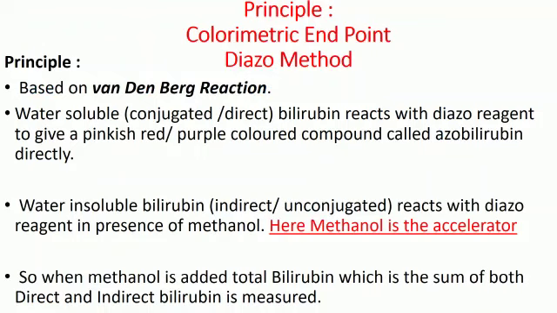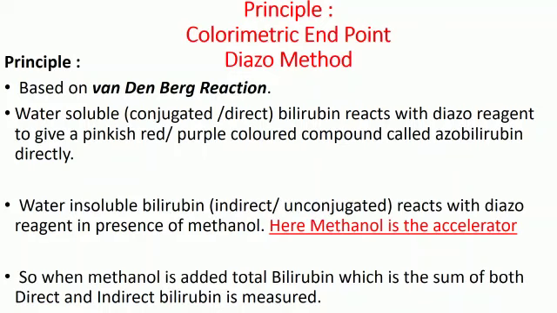The principle of the colorimetric endpoint method is based on Van den Bergh's reaction. In Van den Bergh's reaction, the water-soluble component of bilirubin reacts with diazo reagent to give a pinkish red colored compound called azobilirubin directly without taking much time. Within 2 minutes, this reagent is able to react with the water-soluble bilirubin and give a pink color. On the other hand, the unconjugated bilirubin, because it is insoluble, cannot react with the diazo reagent.